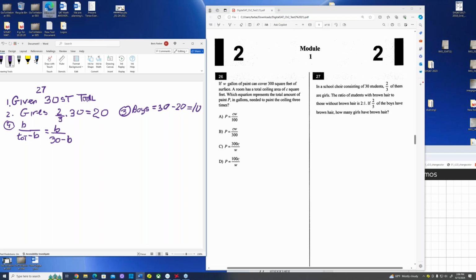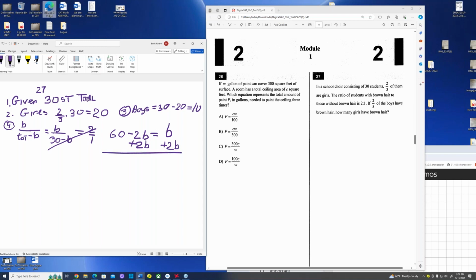And they said this equals to what is it? So this is 2/1. So use cross multiplication. 30 times 2 is 60, minus 2b, from b equals b plus 2b and plus 2b.